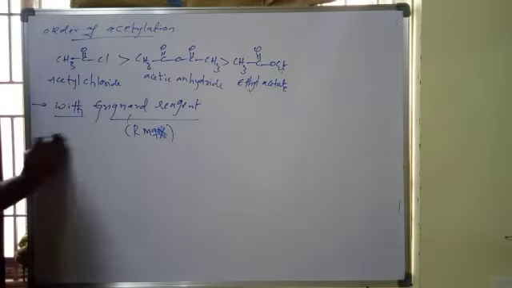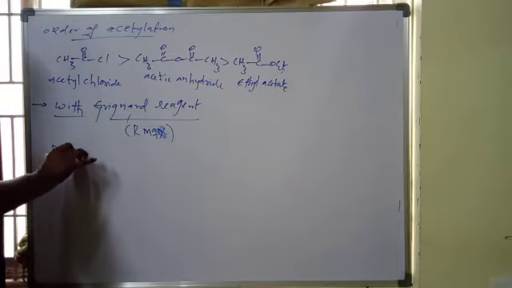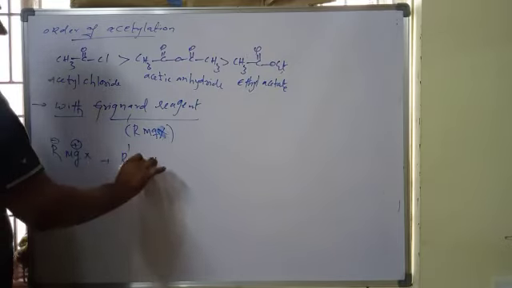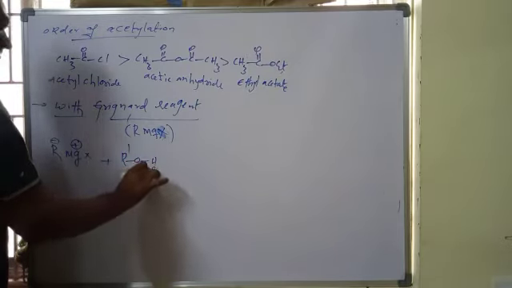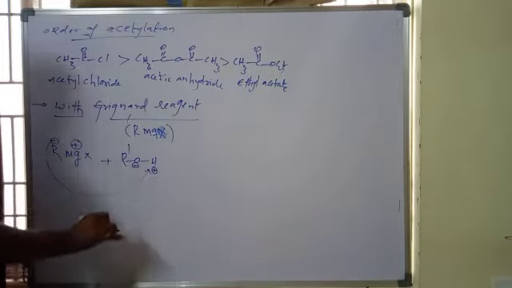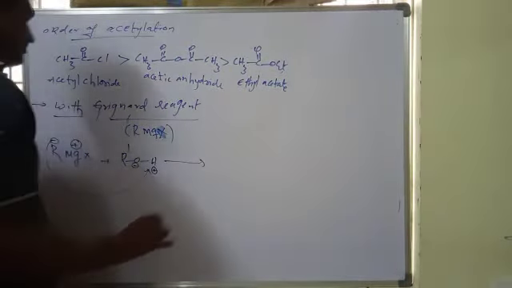So when alcohols react with the Grignard reagent, R minus MgX plus, reacting with R'OH, the H is plus and the O is minus, so this R minus can abstract a proton.